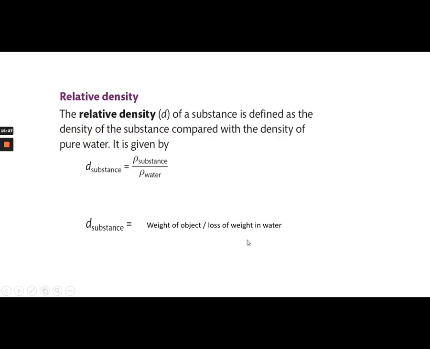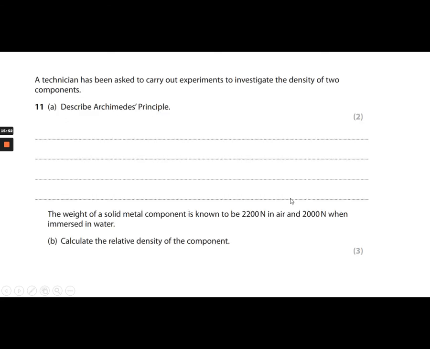Well, relative density is not on your data sheet, and even in the textbook it would state relative density equals the density of the substance divided by the density of the water. But the questions that have cropped up in the exam, you would approach it in a slightly different way, where the relative density of the substance is the weight of the object divided by the loss of weight in water.